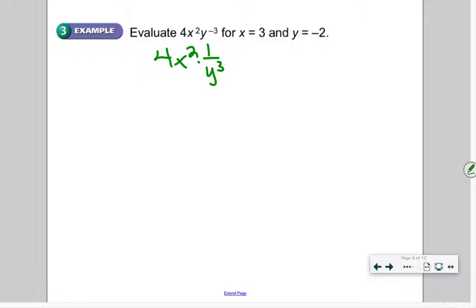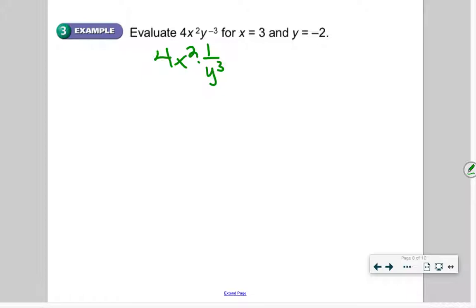Rewrite it with positive exponents in there first. Doesn't this really mean 4 times x times x times y to the -1, y to the -1, y to the -1?